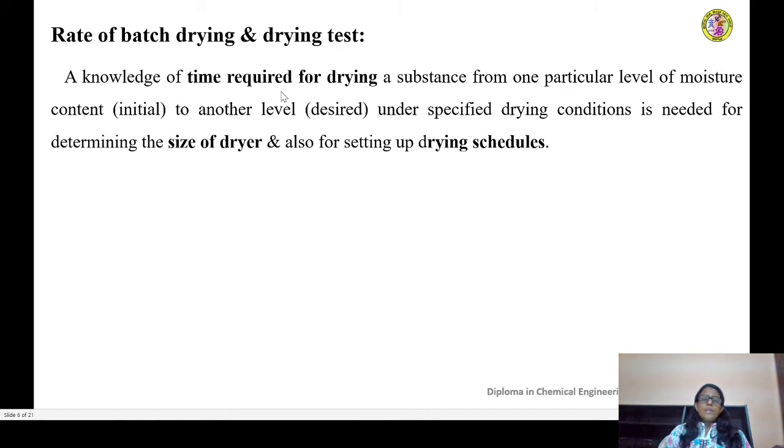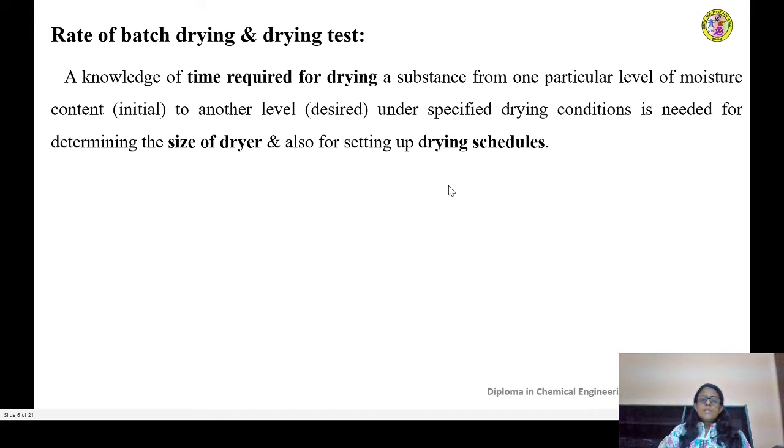Okay, so let us now understand what is the purpose of conducting a drying test. A knowledge of the time required for drying of a substance from one particular level of moisture content to another level under specified drying conditions is needed for determining the size of the dryer and also for setting up drying schedules. So, whenever you have to conduct a drying operation, you need to design a suitable dryer and also set up drying schedules.